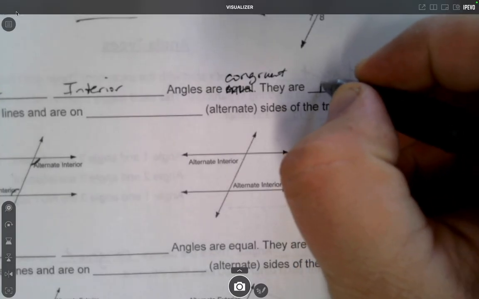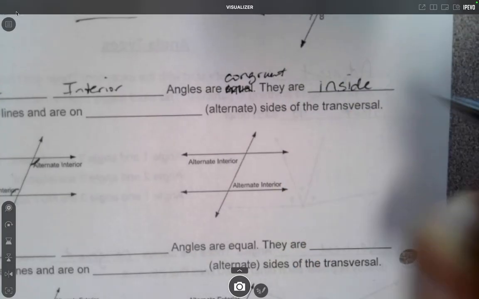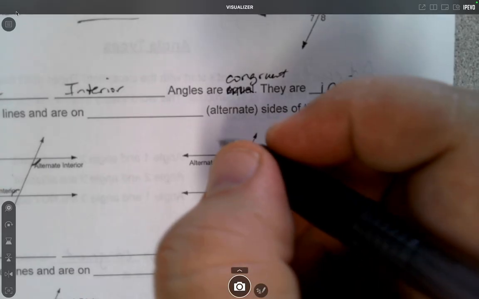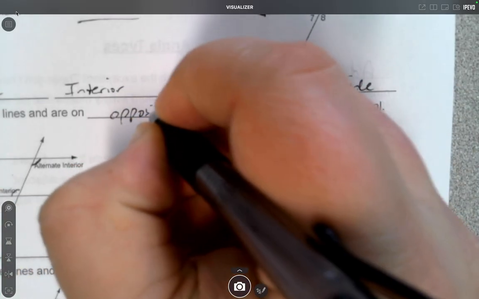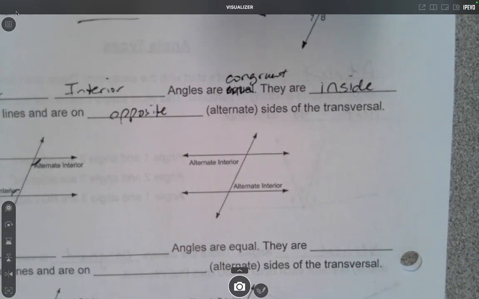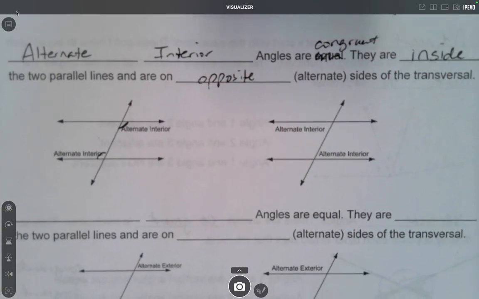They are inside the two parallel lines and are on opposite or alternate sides of the transversal. Now, I drew two examples here so you can see that there's actually two different pairs of alternate interior angles.